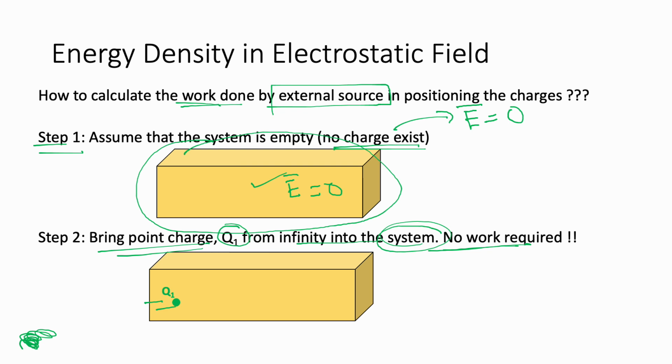When we bring one point charge into this system, since the electric field is equal to 0, the work to bring this charge into the system also becomes 0, because there is nothing in the system to resist this charge from coming.